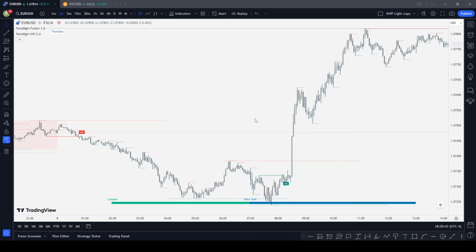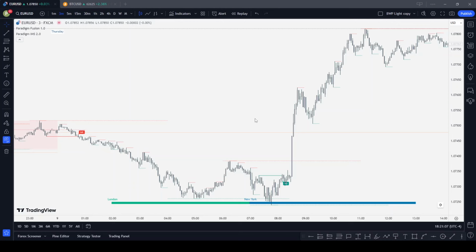Okay, and when I started out building a bias algorithm into the EA, I backtested every single ICT PD array that I'm familiar with, from order blocks to breakers to fair value gaps to new week opening gaps and so on and so forth.